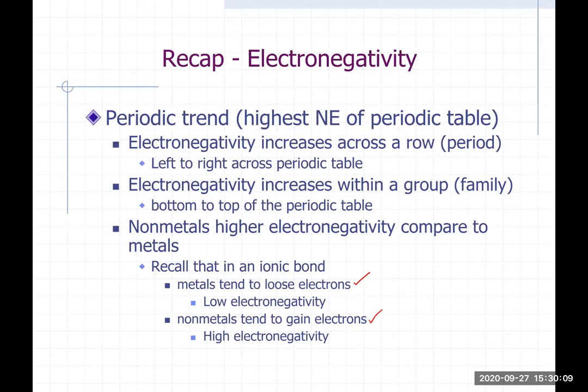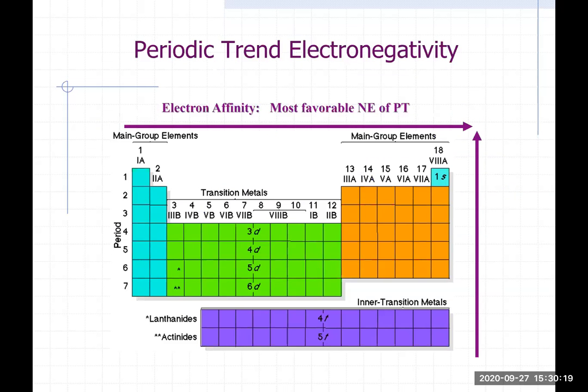They want that electron very badly because in gaining those electrons, they get the electron configuration of the noble gas closest to them. And this is just a diagram that's showing you that at the northeast corner of the periodic table, that's where we have the highest electronegativity. Remember, fluorine is right here, and it's got an electronegativity of 4.